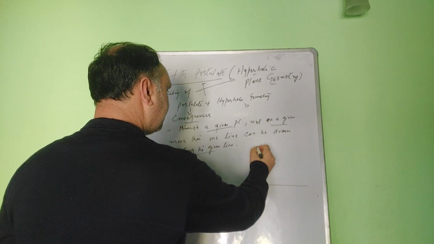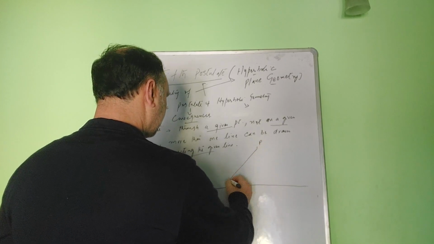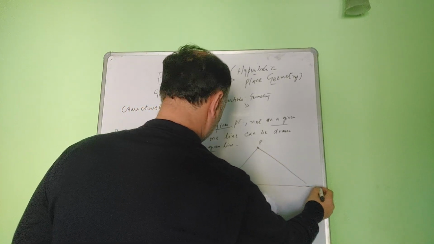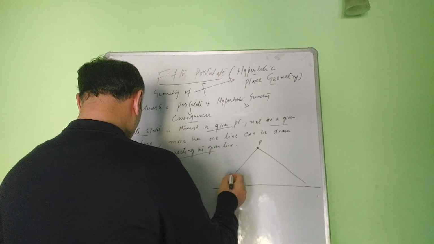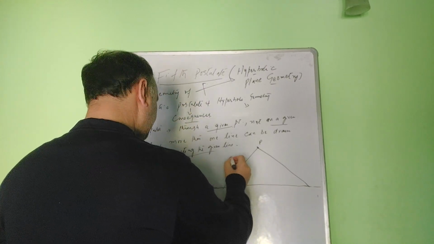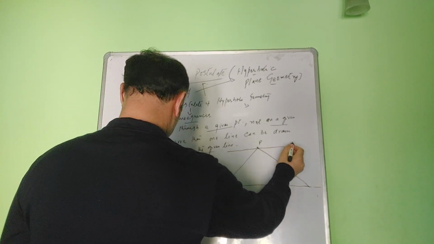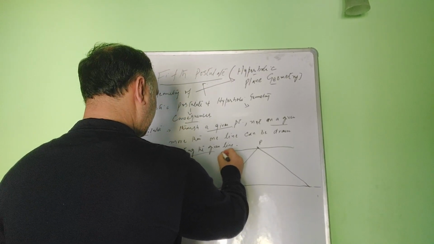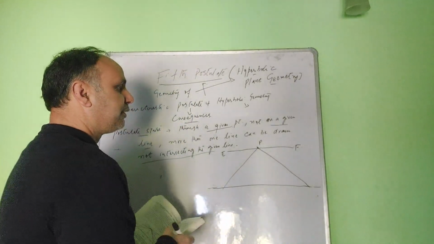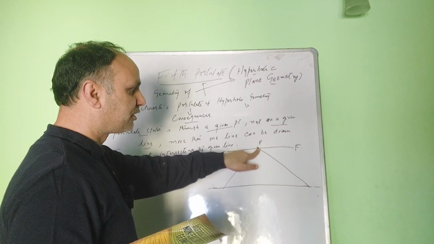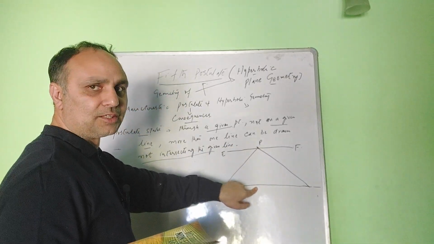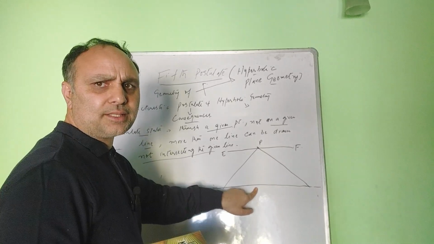Take a point P. From the point P, you can draw one of the lines, E F. Normally we assume that through a given point one line can pass parallel to the given line, which is the Euclidean thing.